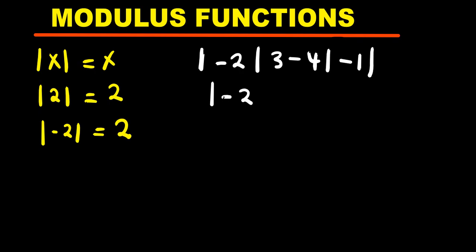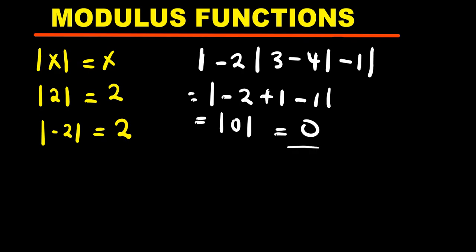The modulus of 1 or -1 is just 1. So you have -2 plus 1 minus 1. You solve what is in the bracket. -2 plus 1 is -1. -1 minus 1 is -2. Hmm, the working gives the modulus of a 0, which is still 0. That's how you solve those ones.